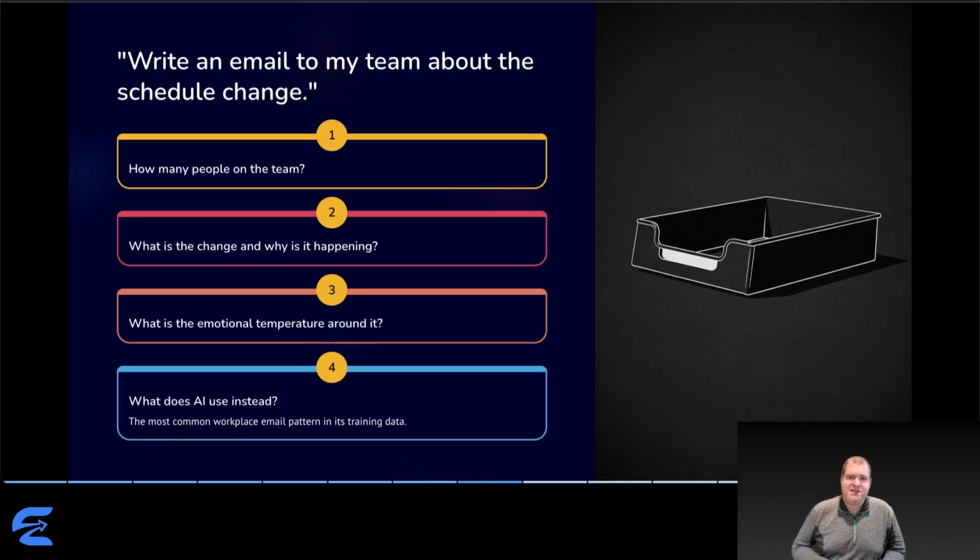The model reaches into its training and finds the most common workplace schedule change email pattern. It produces something that looks like the right kind of email, uses the right register, has the right structure. But it has none of your situation in it. None of the specific detail that would make the email actually useful for your team on this day about this particular change.